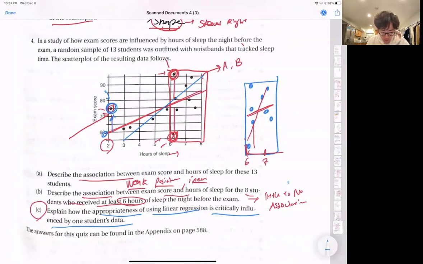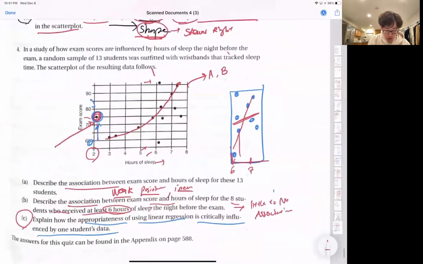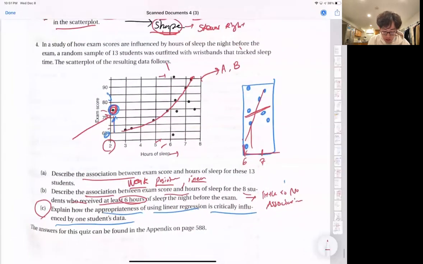Again, if I have this right here, I think there should clearly be a trend of a non-linear relationship happening in those particular points. But because of this dot, it's going to make it much more of a linear regression line. This point makes it more of a line rather than an exponential model.